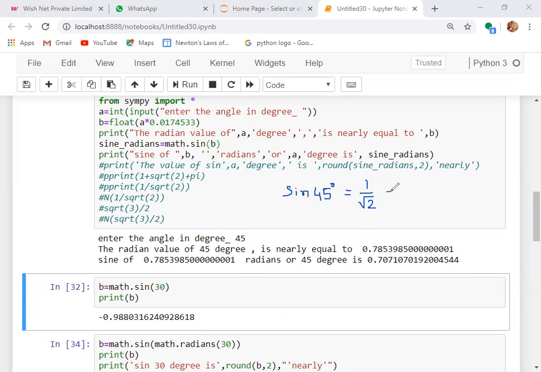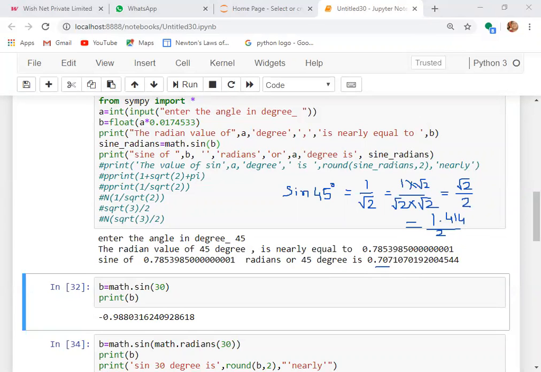Now 1 by root 2 can be written as 1 into root 2 divided by root 2 into root 2, rationalizing the denominator. So it will be root 2 divided by 2. And what is the value of root 2? Root 2 is 1.414 nearly. So 1.414 divided by 2 is actually 0.707.